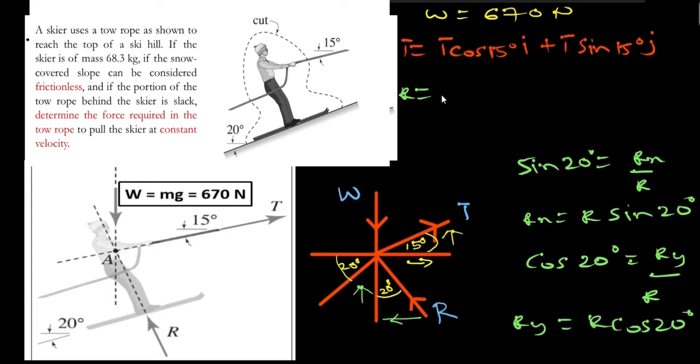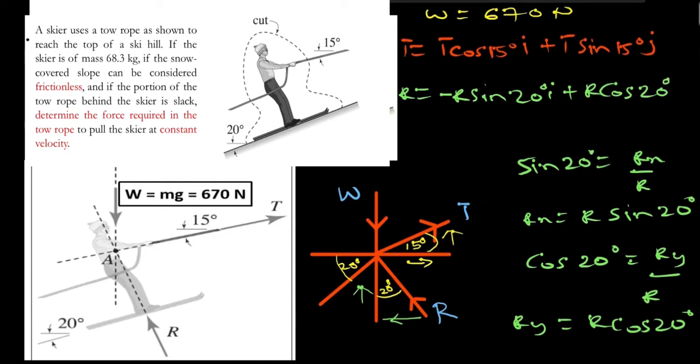This becomes negative R sine of 20 degrees i, plus R cosine of 20 degrees j.